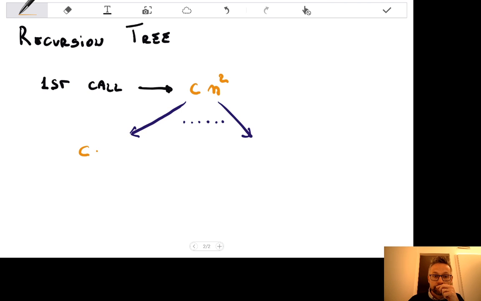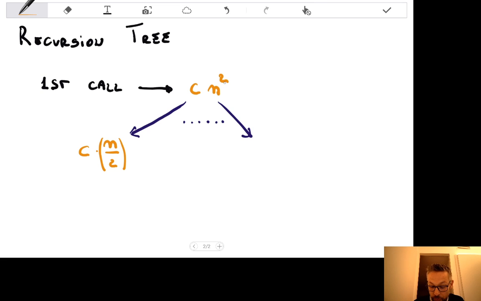Okay? So, okay. The previous size, let me see. Okay, sorry. So, after the call, we are dealing with objects whose size is n over 2.